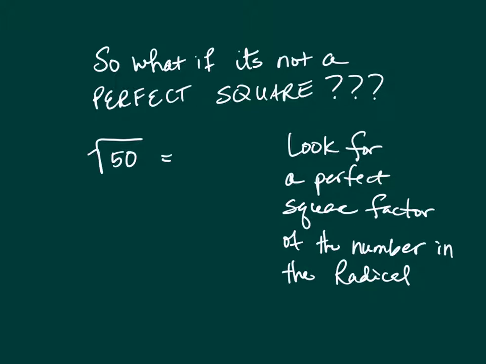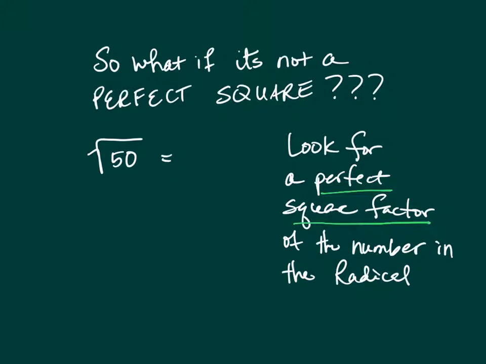Okay, so back to the original question, which is, what if it's not a perfect square? What if the number that we have is not a perfect square? So here's an example, square root of 50. The thing is you have to try and find a perfect square factor of the number under the radical.